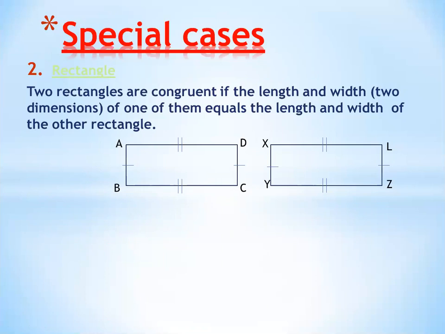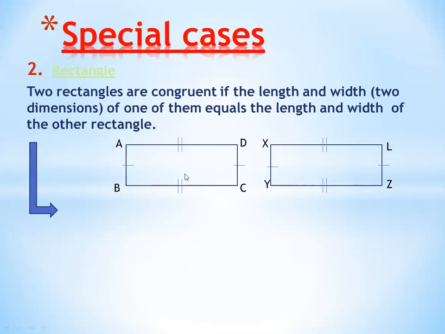Here, AB is equal to DC, and AB is equal to XY. So AB equals DC equals XY equals LZ. And AD is equal to BC, and AD is equal to XL. So AD equals BC equals XL equals YZ.